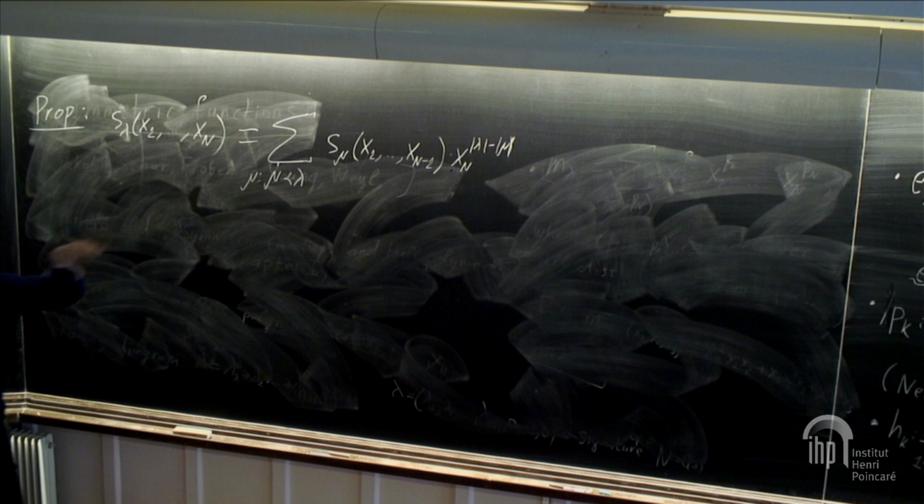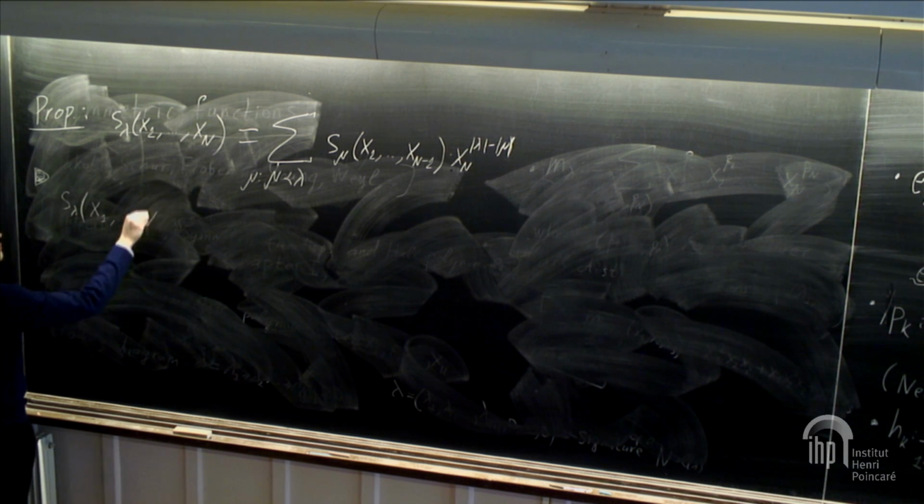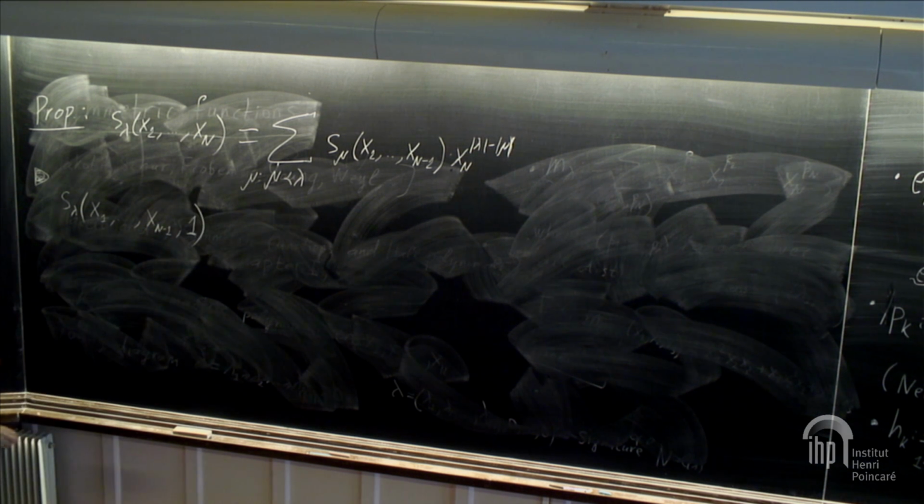We already know what interlacing means. And this is a claim that this interlacing naturally appears for Schur polynomials. So let me try to prove this. First, I want to plug 1 as the last variable, xn, and then I will put 1 here.